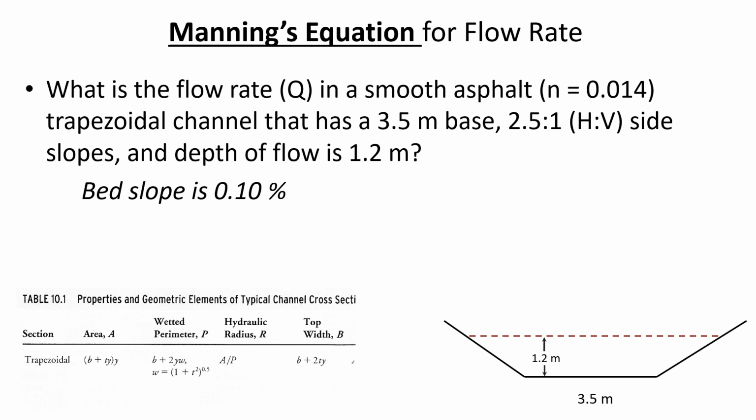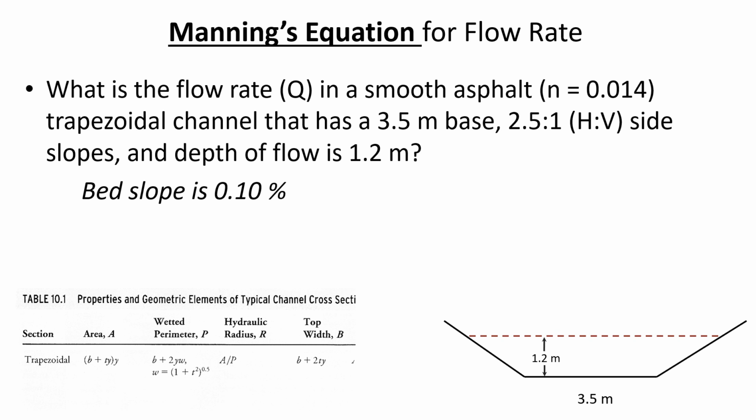All right, so I'm going to pause for a second and allow you to, with the given b and y, calculate the area, and then you need to calculate W separately.